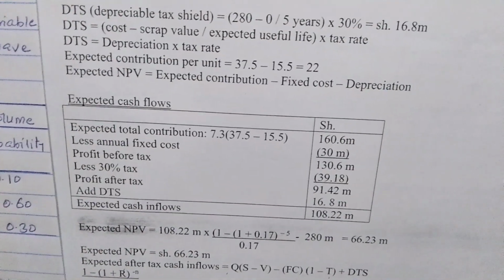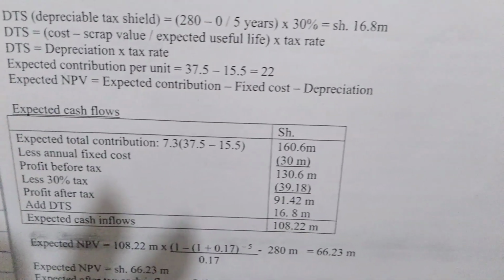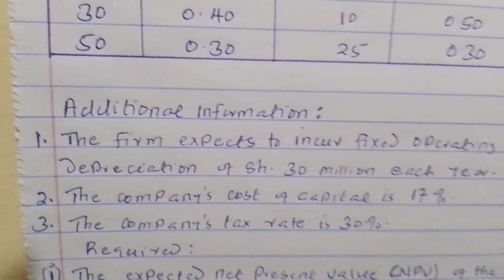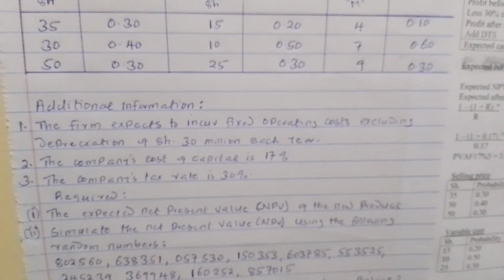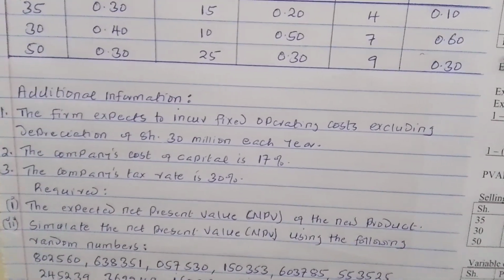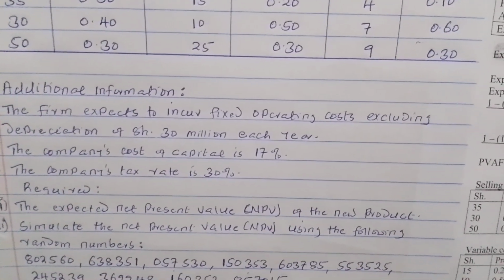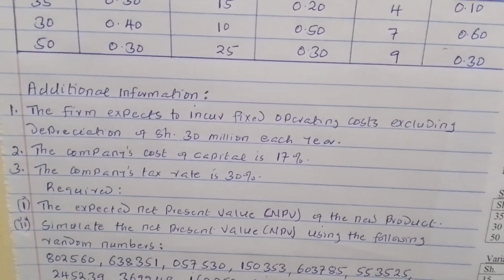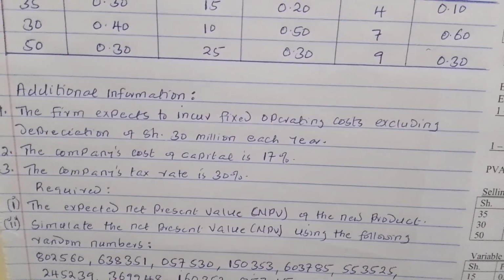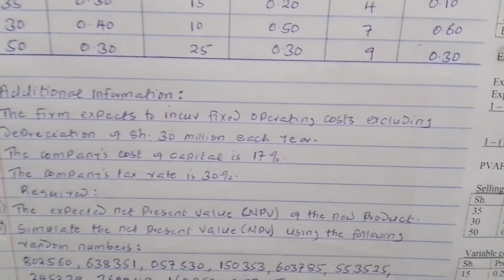We are told the annual fixed cost is 30 million. If you look at additional information number 1, you have been told that the firm expects to incur fixed operating costs excluding depreciation of shillings 30 million each year.